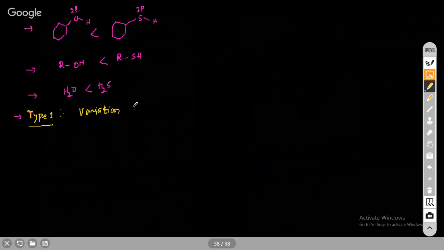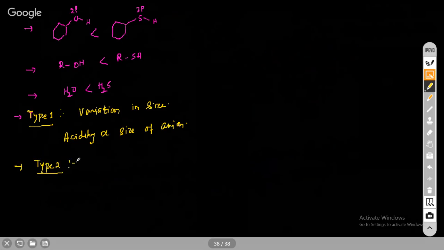Variation in size we consider when we are going from top to bottom, right? In this case, what we can say, the acidity of this molecule is directly proportional to the size of anion, because larger will be the size, more uniform distribution of charge, and more will be the stability. Now type 2 we have what?